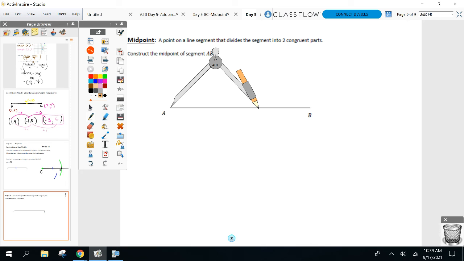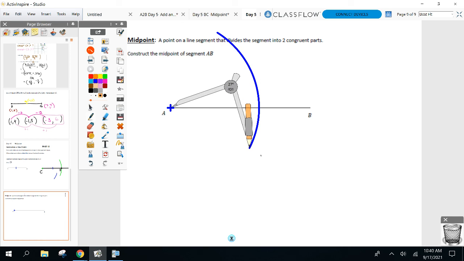All right, here you go. Take your time here. I'm going to need a decent size arc, and when I say decent size, I'm basically talking like a half circle. Draw that through. Keep the same opening.